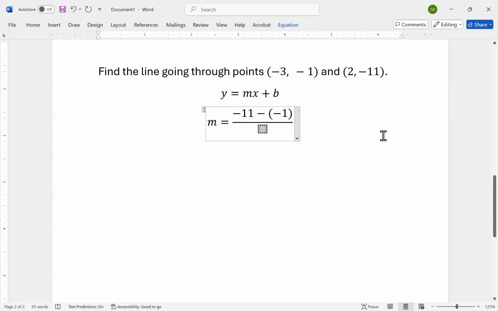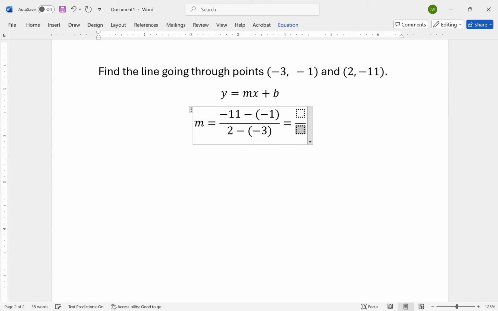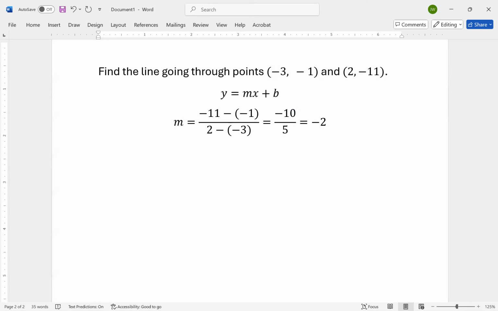That's going to be 2 minus -3. So this gives a fraction of -10 divided by a +5. Simplifying that gives me a slope of -2. That's the simplest way I can write the slope.